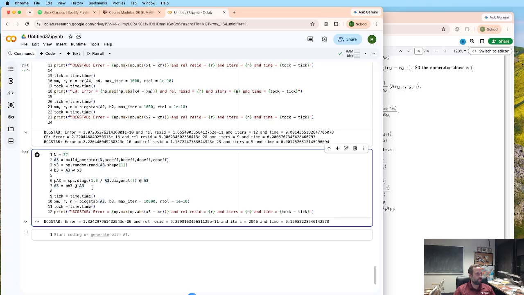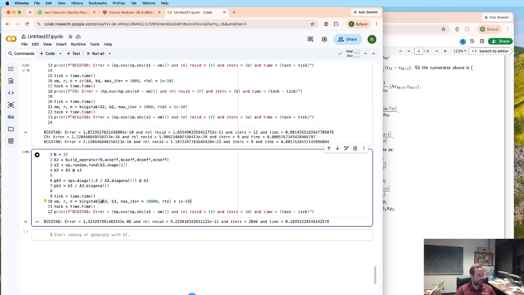So this is A3 divided by its diagonal. Why are we choosing the diagonal here? Well, for the PDE matrices, they're often diagonally dominant, so the diagonal is a good approximation to the matrix. Then our preconditioned b3 is going to be b3 divided by A3.diagonal.